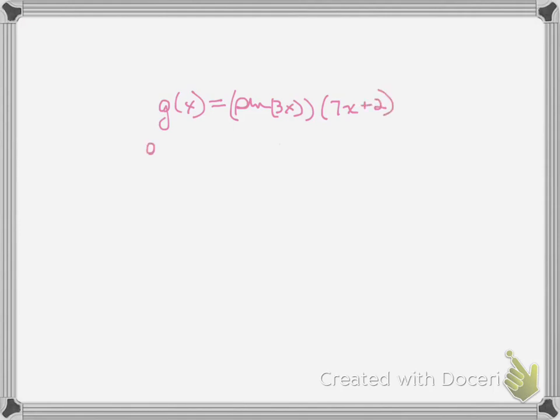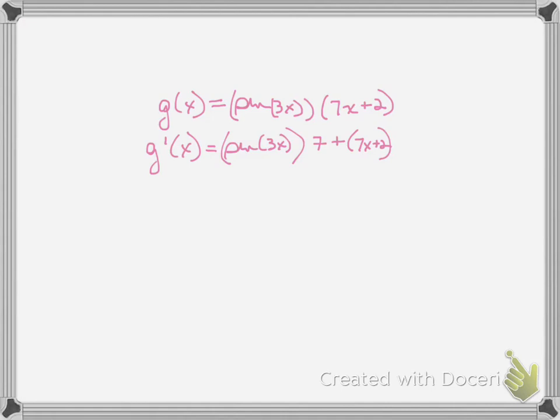Okay, so g prime of x equals left, so d right, and what's that derivative? It's just 7, plus right d left.